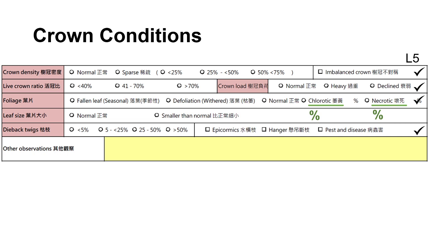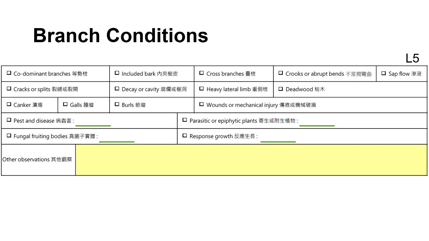Please state the percentage. Just a visual estimation will do. Okay, a simple task. Then for branch condition, just like the crown condition, there are some boxes in which you need to specify the conditions.